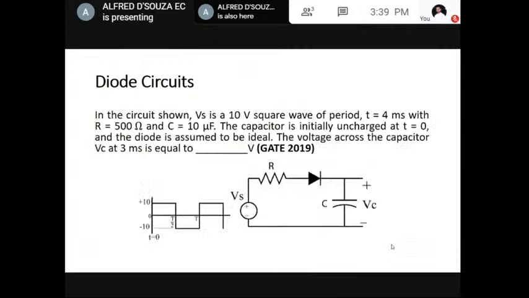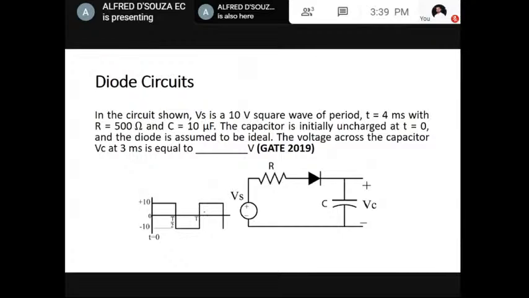Let us see one more typical question that involves a diode and a capacitor. Here a circuit is shown. A 10 volt square wave is applied to the input of the circuit.